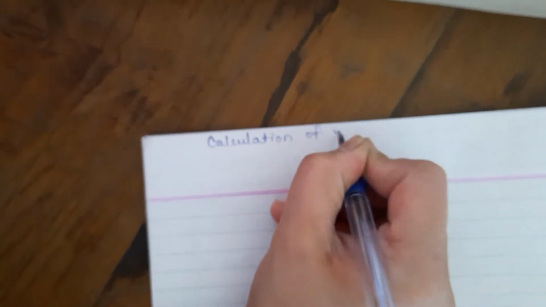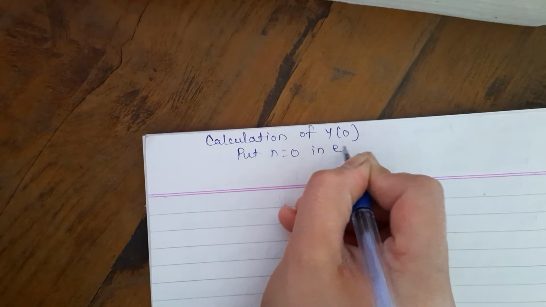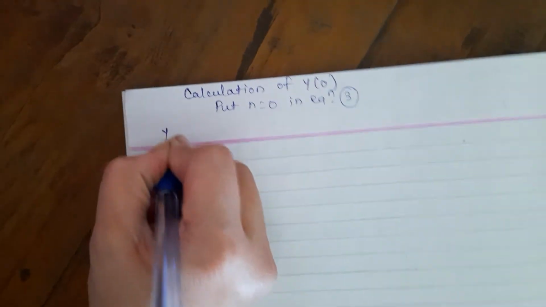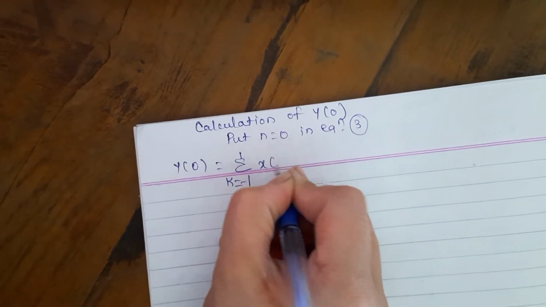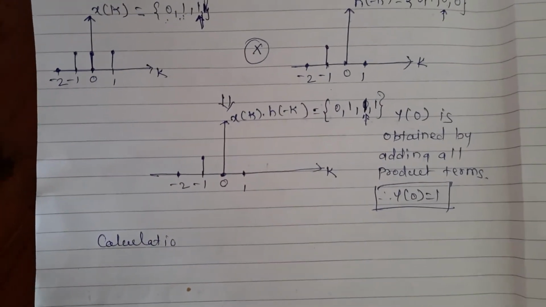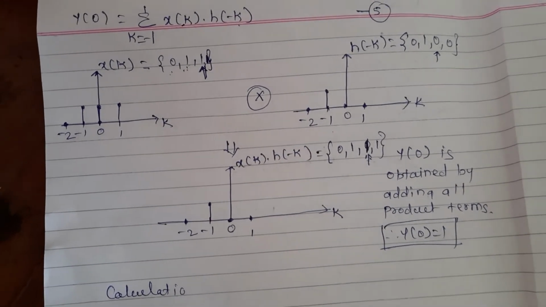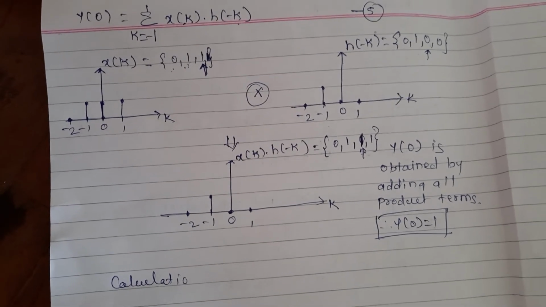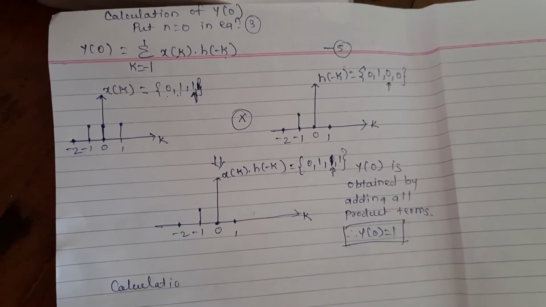Next is calculation of y of 0. Now put n is equal to 0 in equation 3. So equation 3 becomes y of 0 is equal to summation k goes from minus 1 to plus 1 x of k into h of minus k. So these are the diagrams for multiplication of x of k and h of minus k.